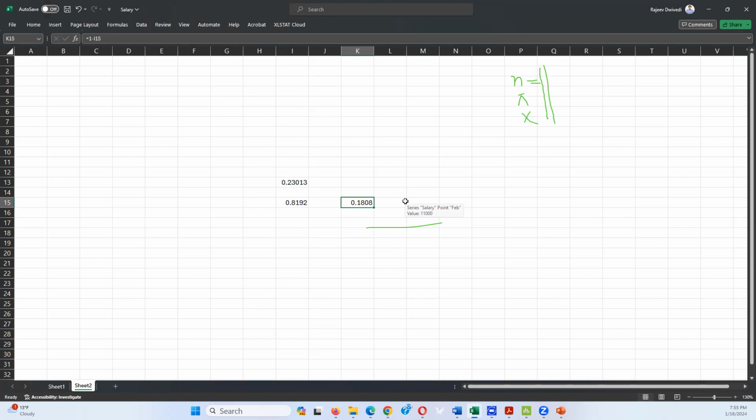Professor, I understand when the problem is clearly stated as equal to or more than, or greater than or equal to. But if a question is asking, let's say the probability of success is 40%, what is the probability of obtaining the first or second success within the first 10 trials?